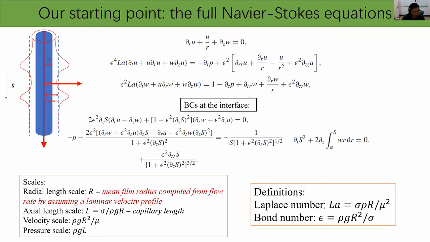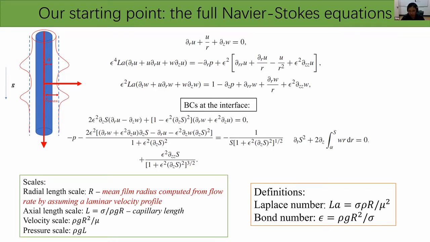The other is the length scale in the axial direction, which is the capillary length. The velocity scale is chosen by balancing gravity and the viscous force. The pressure scale is given by rho G L, and after choosing these scales, we can non-dimensionalize the governing equations.